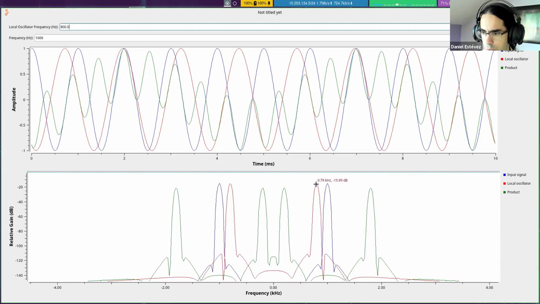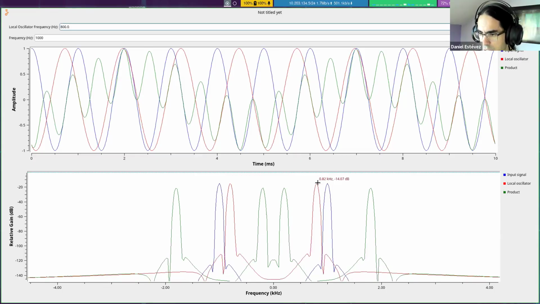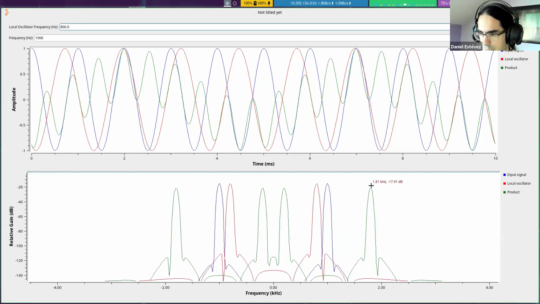It's a convolution. If you have heard anything about convolution, then you might recognize this as a convolution. If you are not familiar with convolution, you can just forget that I said convolution because it confuses more than it helps. So this thing shifts the blue thing by 800 hertz, and so we get this signal and this one.